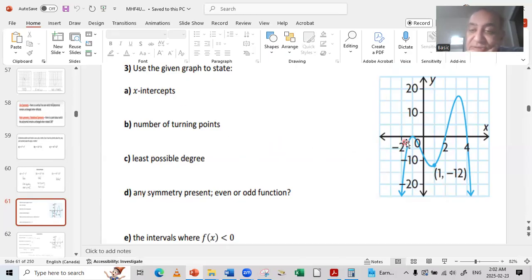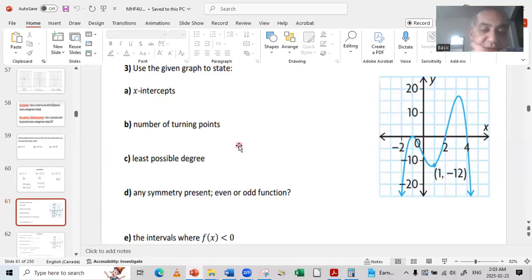So here the intercepts are at -1 and 0, 2 and 0, 4 and 0. These are the intercepts. And how many turning points do we have? This is one turning point, second turning point, third turning point. And what about the least possible degree? We can get it from the number of intercepts. The number of intercepts is how many? 1, 2, 3.